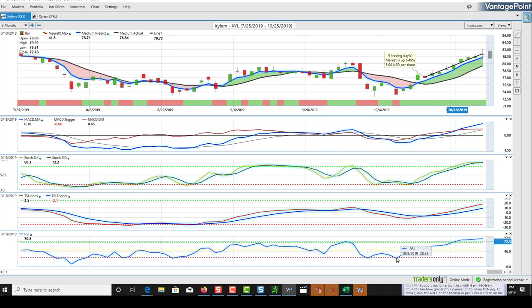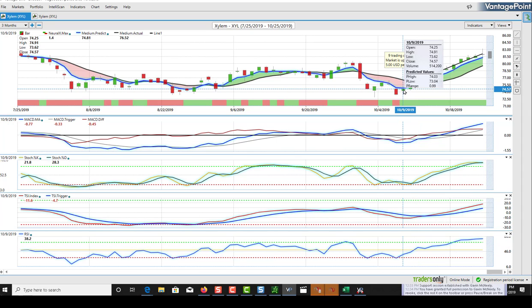So seeing this be oversold and then seeing it pick up at the time of the crossover, boom. It's been predicting it to rise up, and then look what happens. It rises up even quicker. So right here, you can see this prediction from here to here is going to go up. And it went up. And then the next prediction is going to go up. It went up. And then it keeps going.